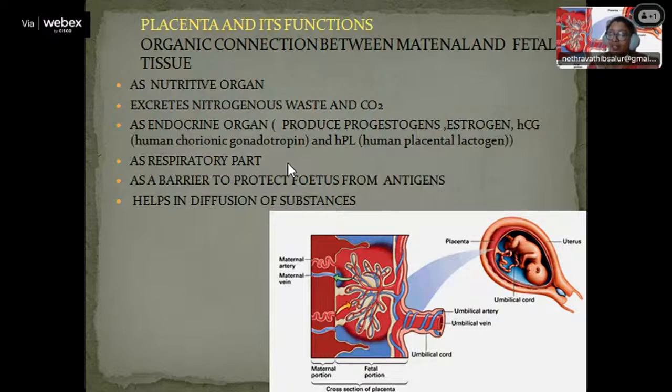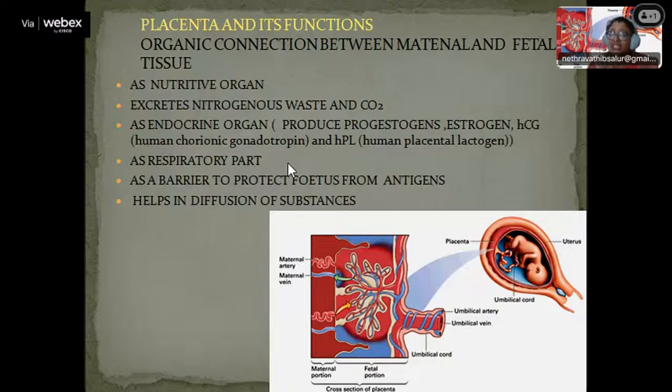Now, very important, it acts as an endocrine organ. How? It produces majorly 4 hormones: progestogens, estrogens, HCG, and HPL. The full form of HCG is human chorionic gonadotrophin, which is the main hormone to detect if the female is pregnant or not.